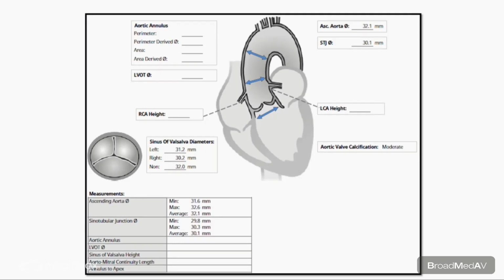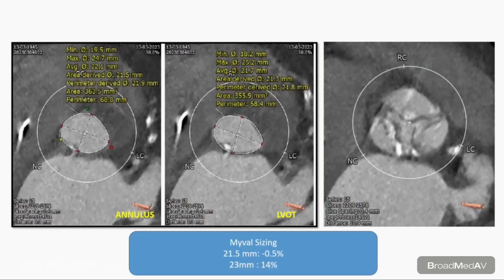And coming to the CT assessment, the annulus measurement shows the area of 363.5 square millimeter, which corresponds to area derived diameter of 21.5 millimeter, and perimeter of 68.8 millimeter, which comes to 21.9 millimeter as the perimeter derived diameter.